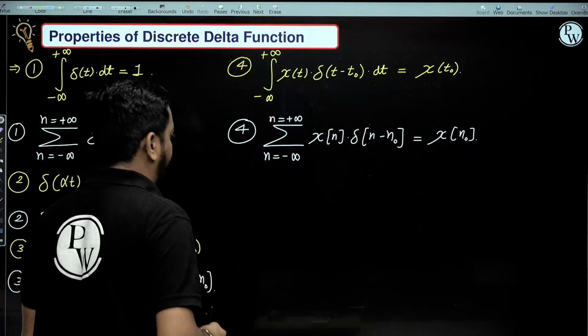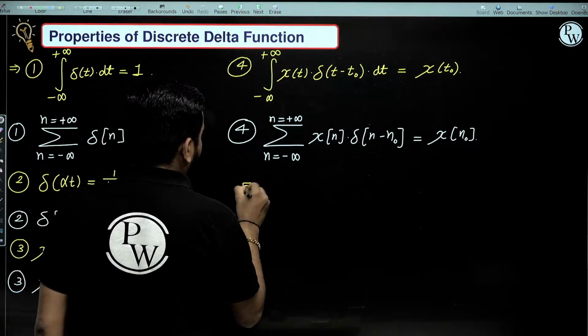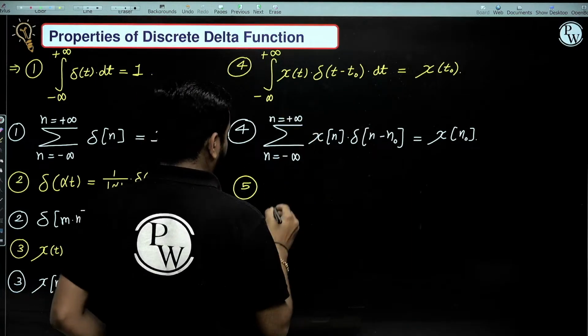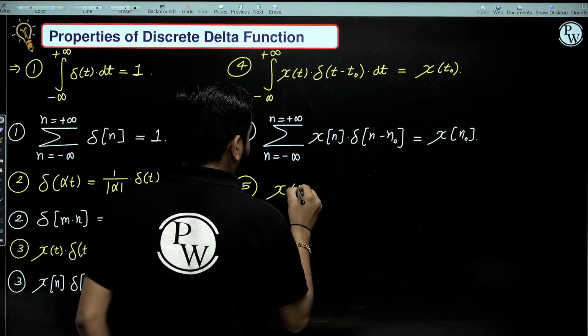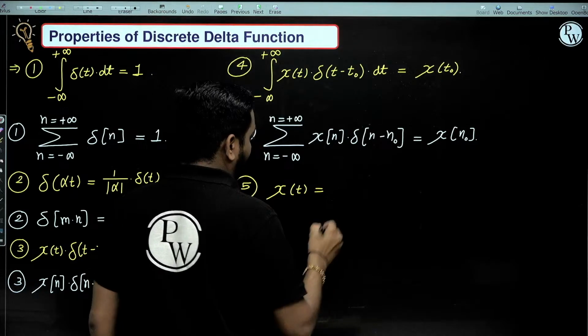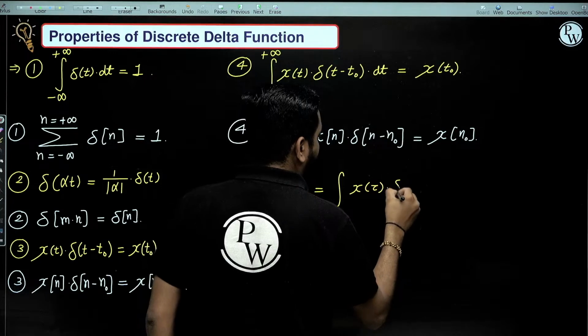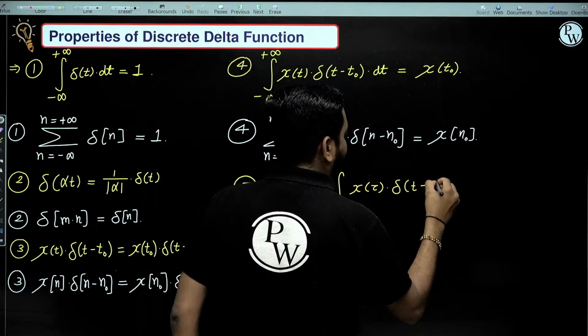Okay. Now the fifth property, guys. Do you remember the fifth property? Any general signal x of t can be represented in weighted and shifted impulses: x of tau into del t minus tau d tau.